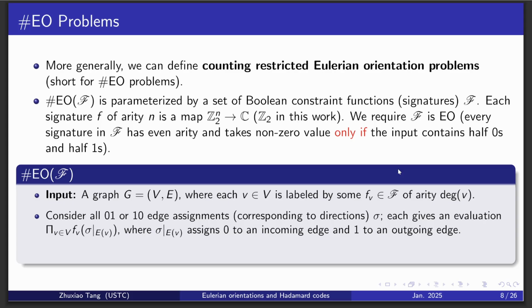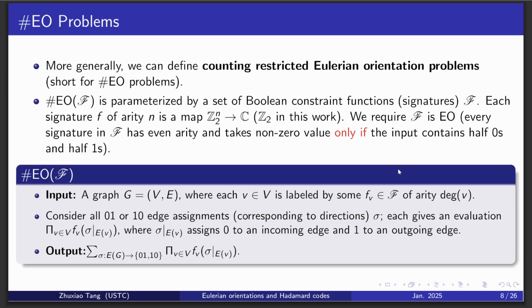So every vertex will have degree(v) inputs, each of which can take 0 or 1, corresponding to whether the edge incident to the vertex is incoming or outgoing. And such an assignment is valid if and only if it satisfies the constraint at every vertex.